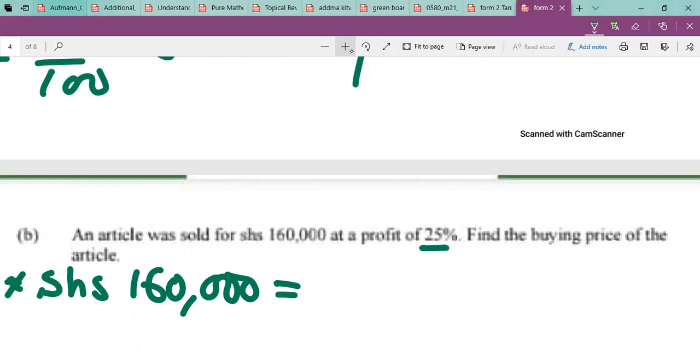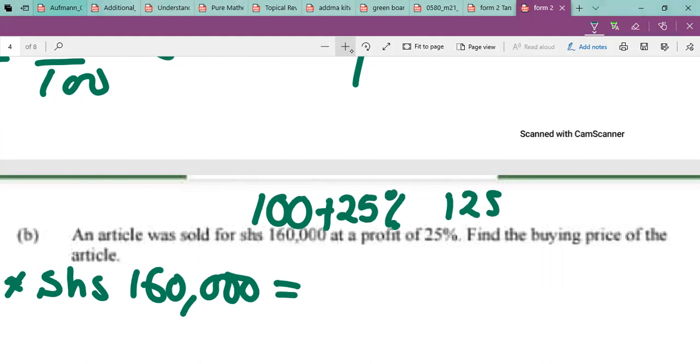So meaning the actual cost is 100%, but you make 25% more. All right, which is 125% now.